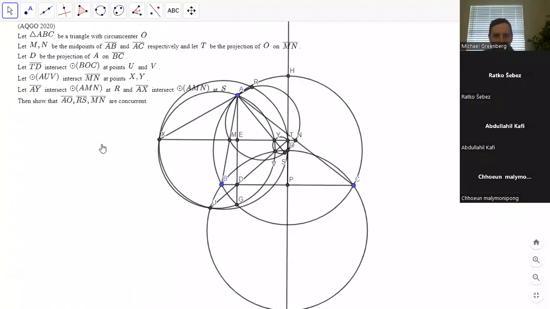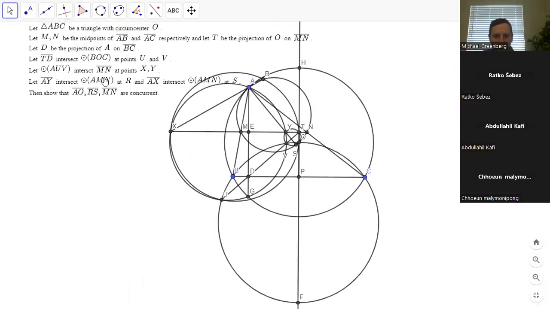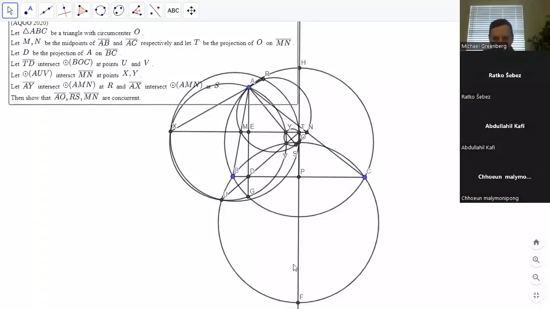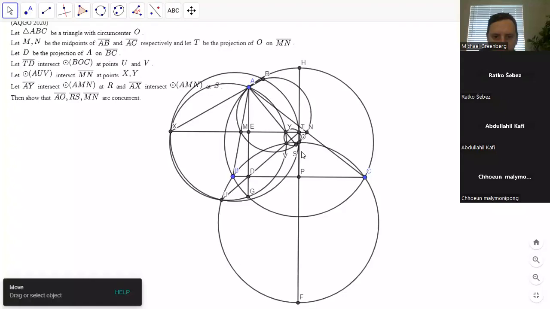How should I draw this to best? Okay, so how do I show Y, V, and F are collinear? Could I use the radical axis theorem somehow? So if Y, V, and F are collinear, then X, U, and F would also be collinear.